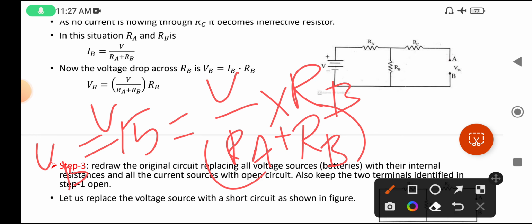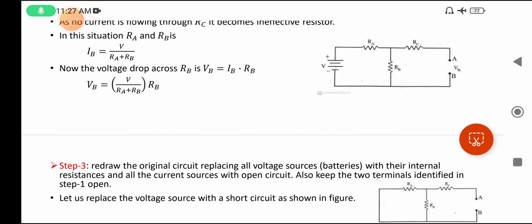Okay friends, right? This VB is V Thevenin. Sorry, it is not written here; replace this VB in the next step and write it as V Thevenin. So by this we calculated V Thevenin.